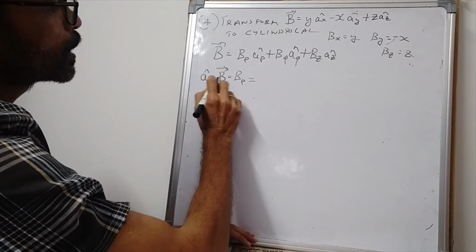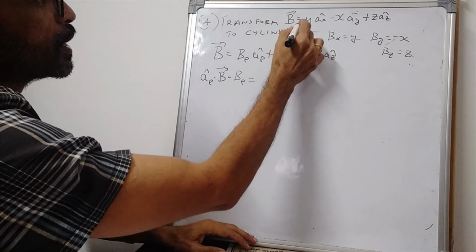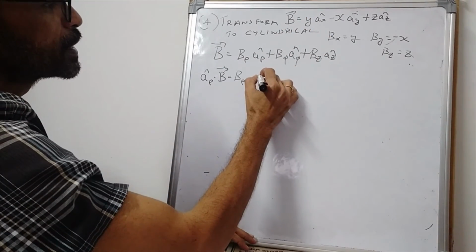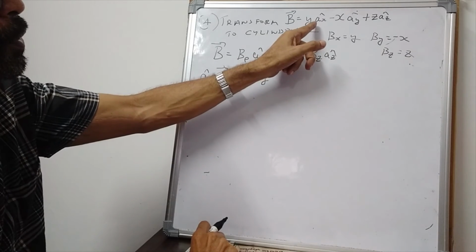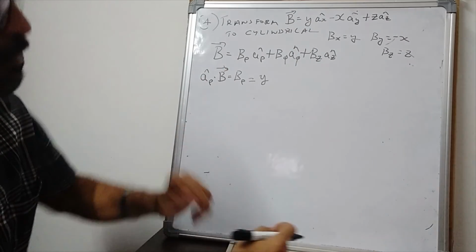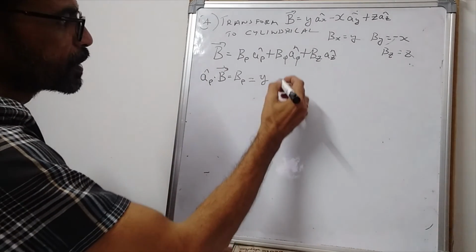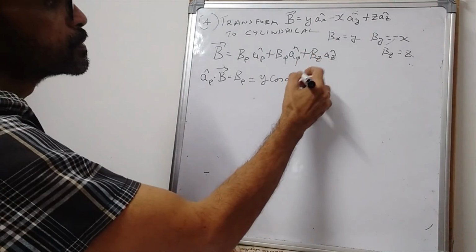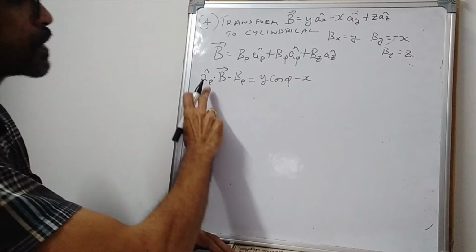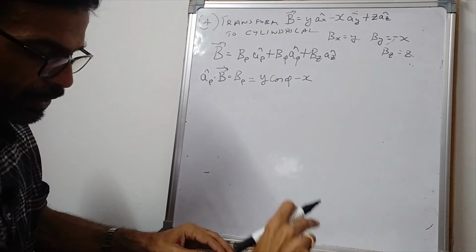So I take arrow cap and dot it with this. When I dot it with this, I will get y arrow cap dot a phi cap, which is cos phi, as we saw in the first problem, and minus x arrow dot ay.